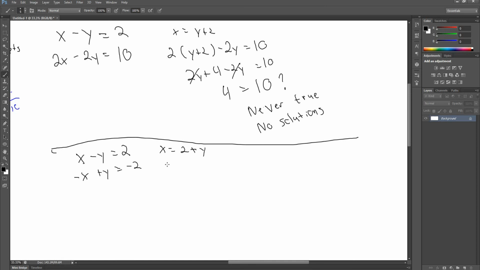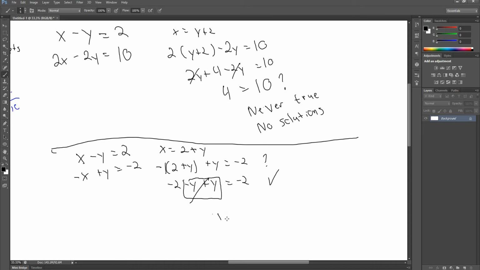We plug in for x, so negative times (2 plus y) is equal to negative 2. Distributing a negative 1, this is negative 2 minus y plus y is equal to negative 2. Our y and negative y cancel, and we're just left with negative 2 equals negative 2.